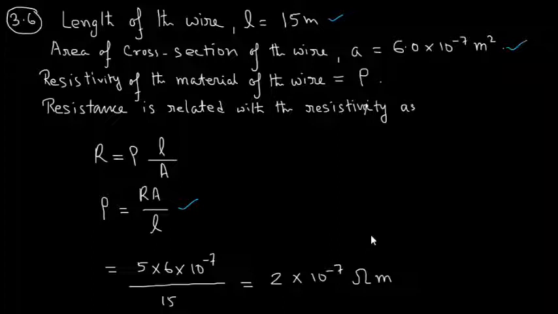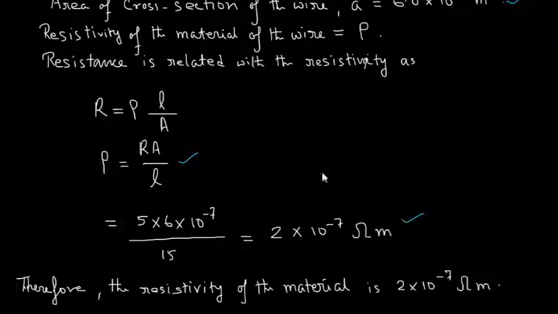Upon solving, we get 2 into 10 to the minus 7 ohm meter. Therefore, the resistivity of the material is 2 into 10 to the power minus 7 ohm meter.